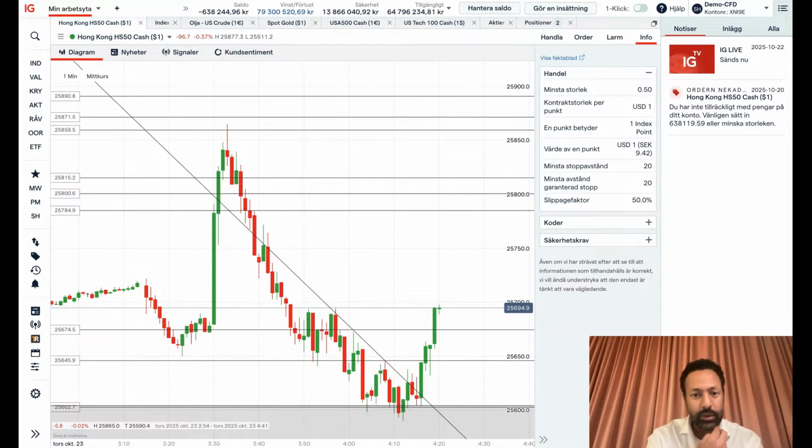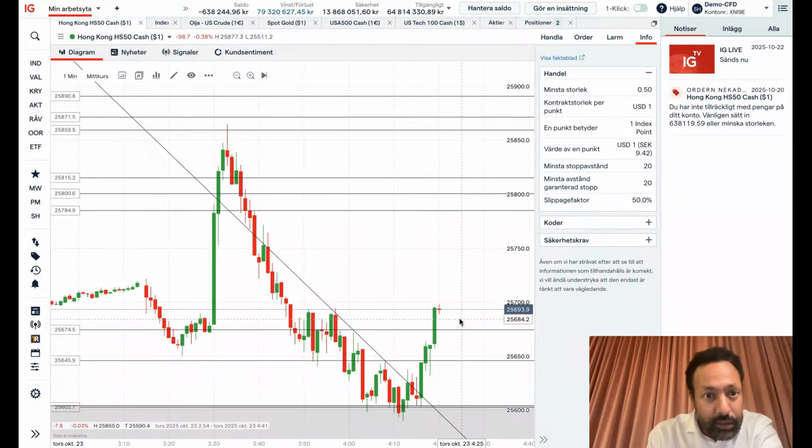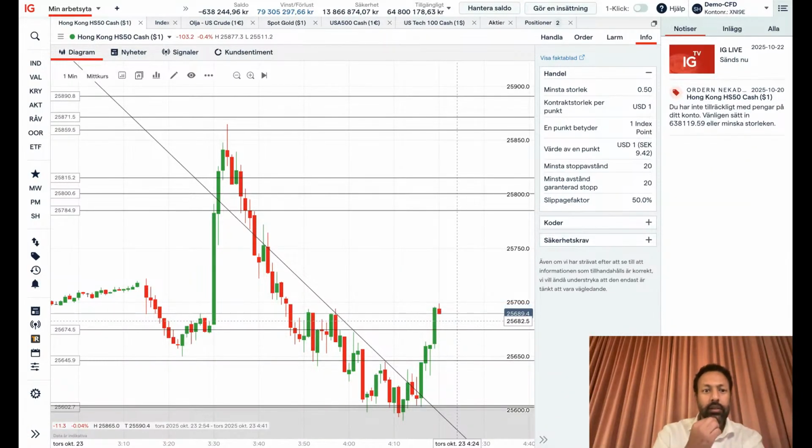Okay. See one push here then. Tight stop. Get stopped out at 40. See if we can have one push. Yeah, stopped out at 40.